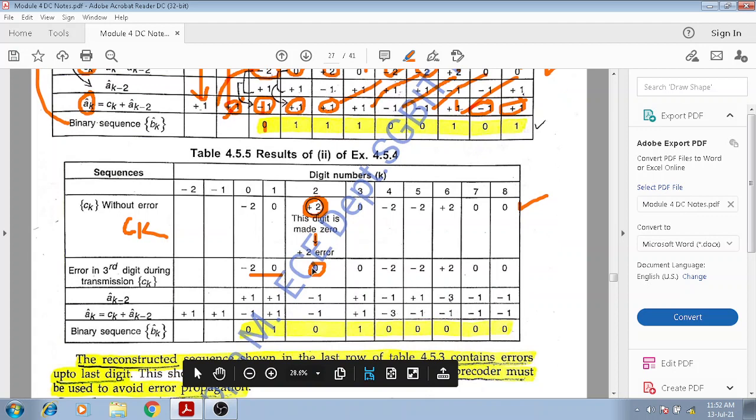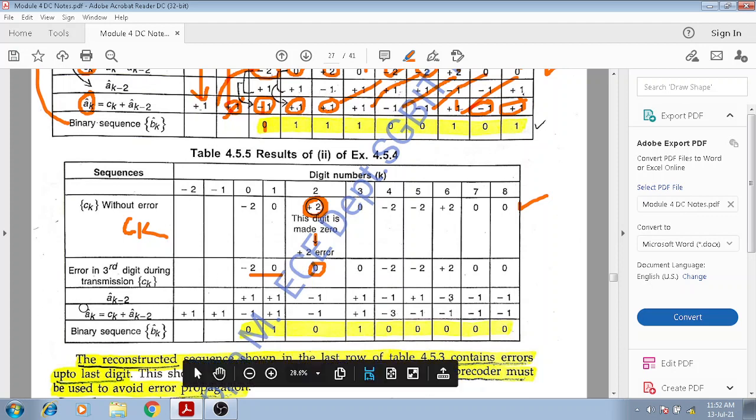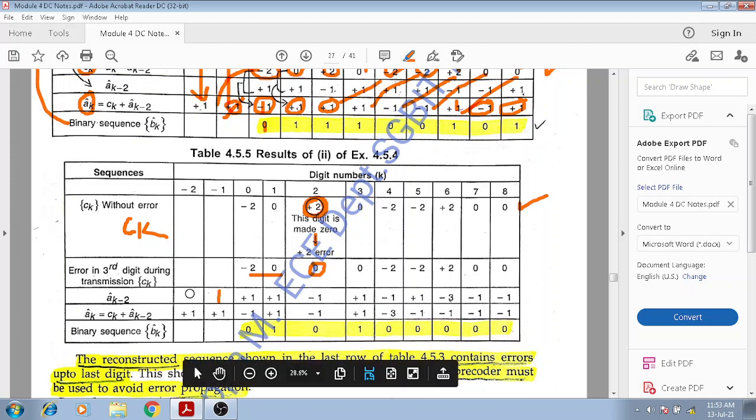Now again you calculate the AK cap, again you estimate and verify whether you will get the same output as the previous or different. So you know that ak minus 1 is plus 1, ak minus 2 is also plus 1.